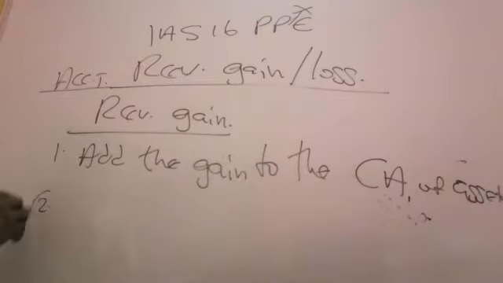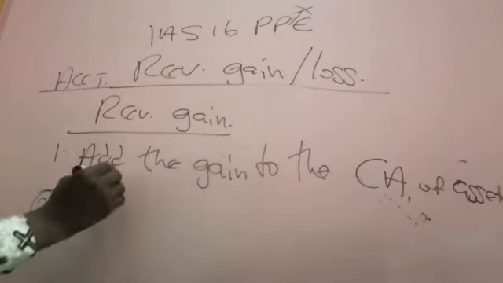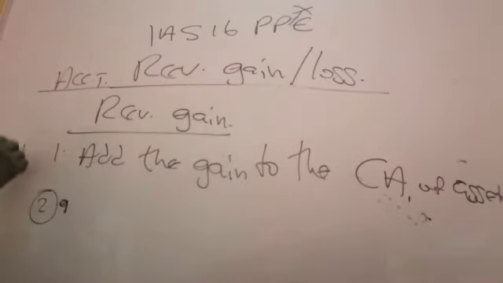Now, the 2, we have 2A. Add the gain to the OCI or the revaluation surplus account. So the gain must be added. First section is the debit, that we debit the assets. Then credit the revaluation surplus or the OCI.